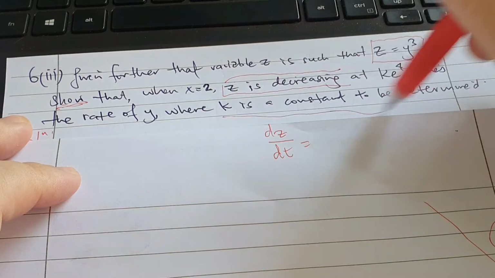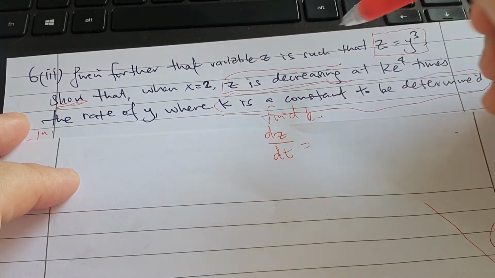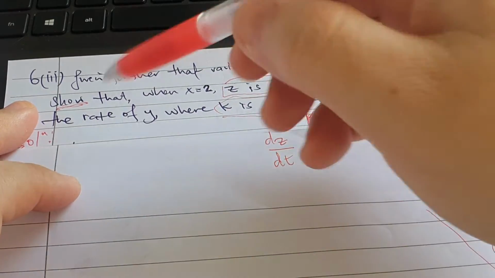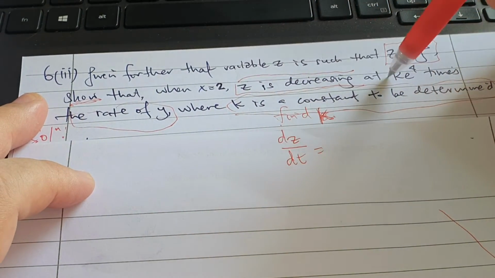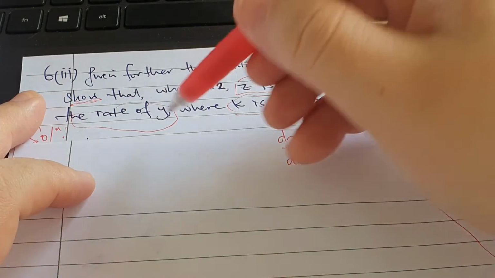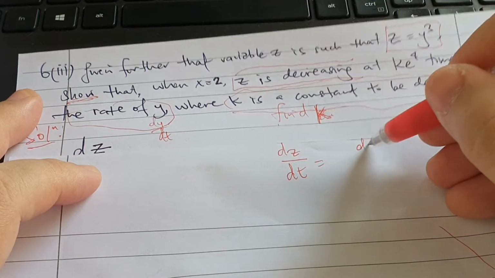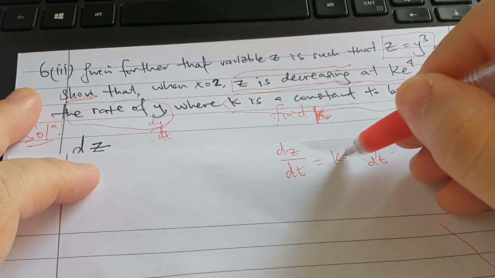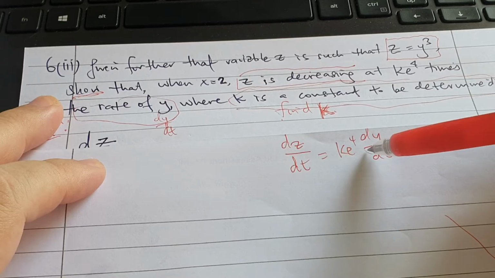That means you must find k. And the dz/dt is k e to the power 4 times the rate of this, that means dy/dt. Okay, so that is the whole story.